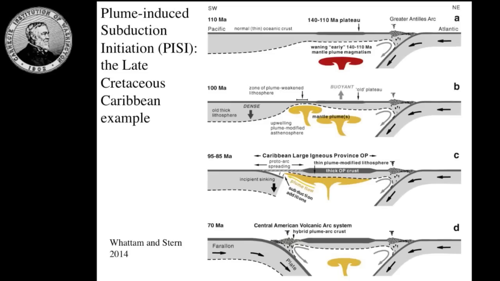And Scott Wadham and I came up with this story that there was already a subduction zone operating under the Greater Antilles Arc, and then this Galapagos plume came up and weakened lithosphere, separated the dense lithosphere to the west from buoyant lithosphere above the plume, and it began sinking and evolved from a plume into a subduction zone. That's one modern example.